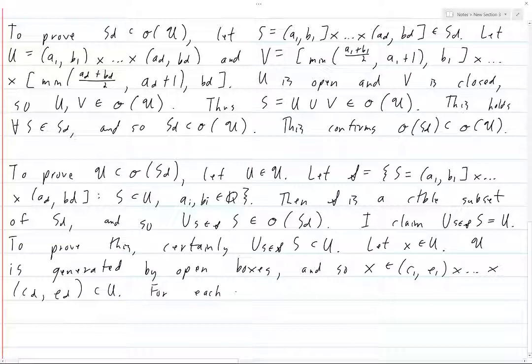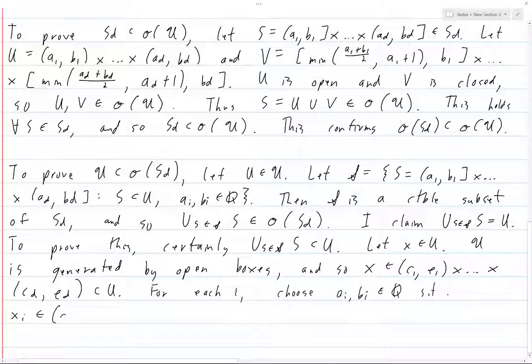Then for each i, choose a_i and b_i in Q such that x_i is in (a_i, b_i), which is entirely contained in (c_i, e_i). Do we need these to be in Q? Yes, we do, because we need countability.